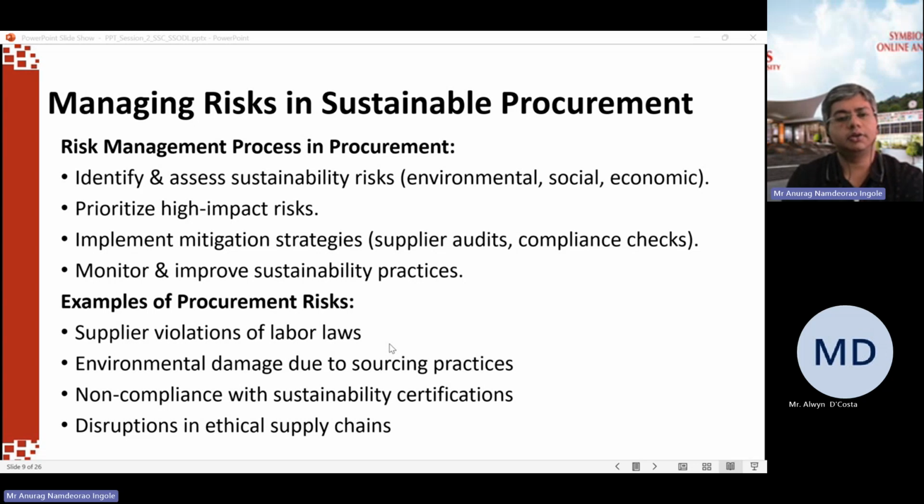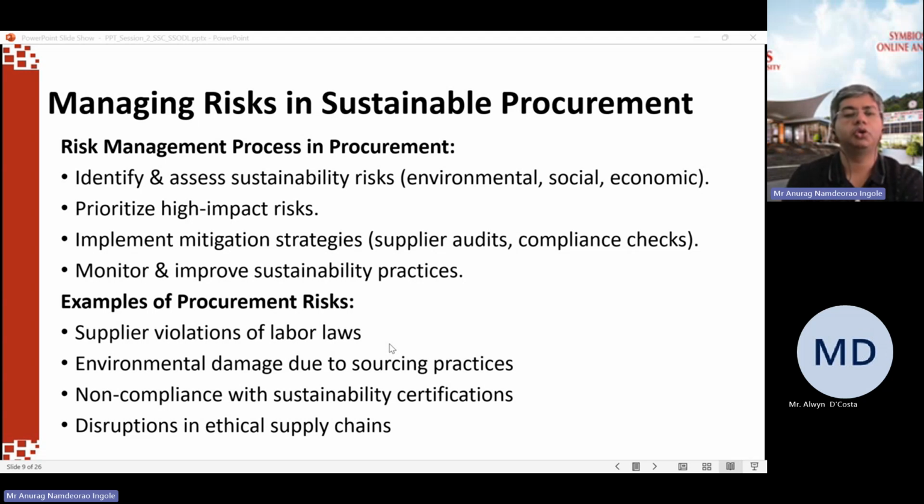What are some of the procurement risks, some of which we already discussed? A supplier violating labor laws is a procurement risk. How does it affect you as a manufacturer? If he is violating labor laws, the local governing body enforcing those laws can close his shop and his operations. What is going to be the impact?